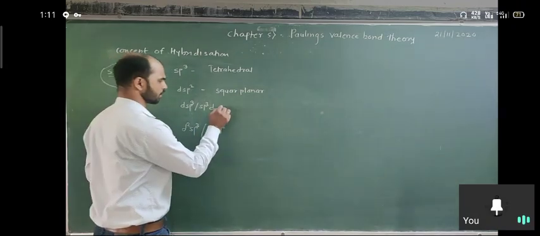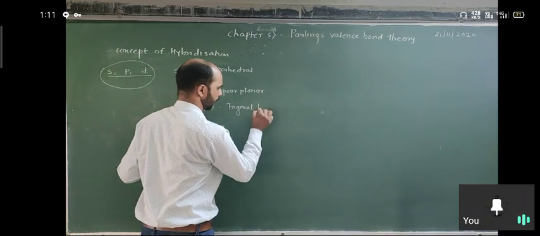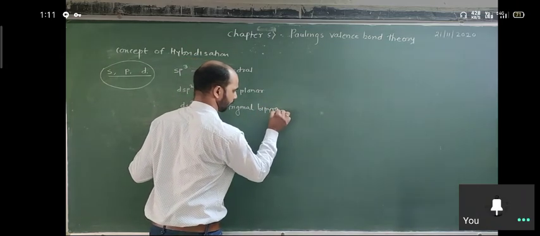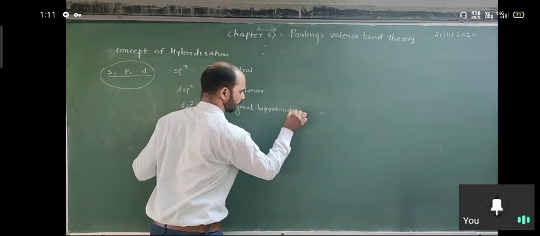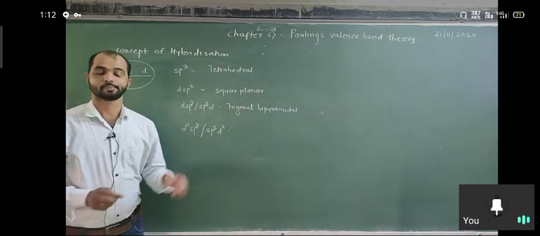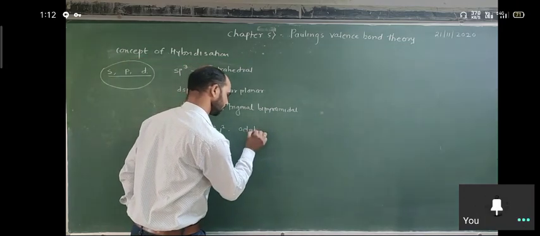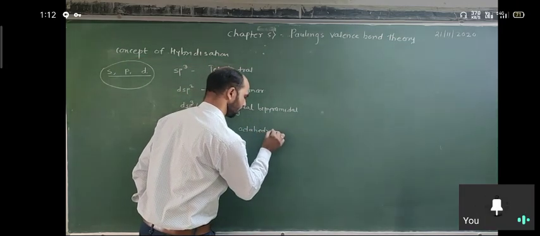But basically here we consider trigonal bipyramidal. And coordination number 6 compounds have octahedral geometry.